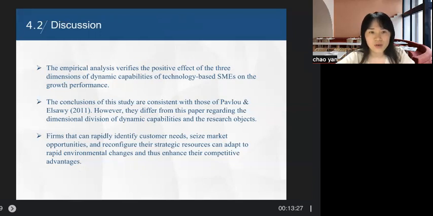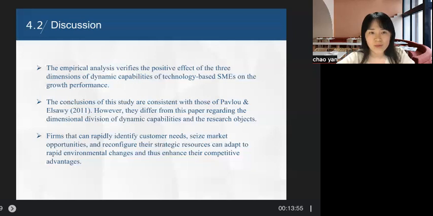The conclusions of this study are consistent with those of Pavlou and others. However, they differ from this paper regarding the dimensional division of dynamic capabilities and the research objects.